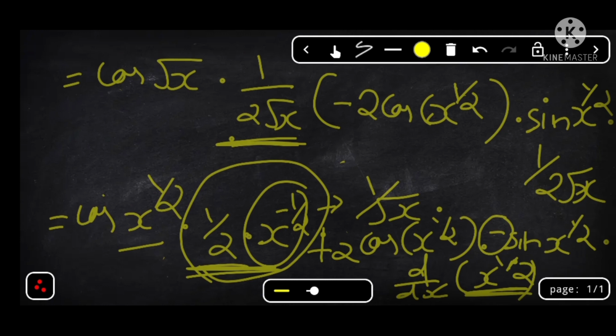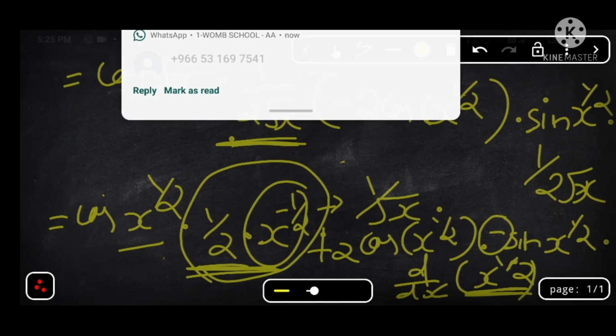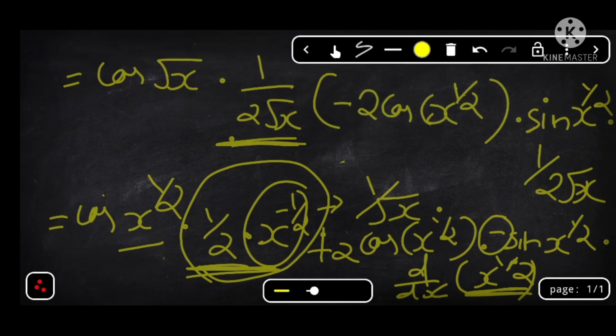Now from here, minus 2 cos x raised to 1 by 2 into sin x raised to 1 by 2 is the same as sin 2 root x. It's a formula of sin 2 root x.